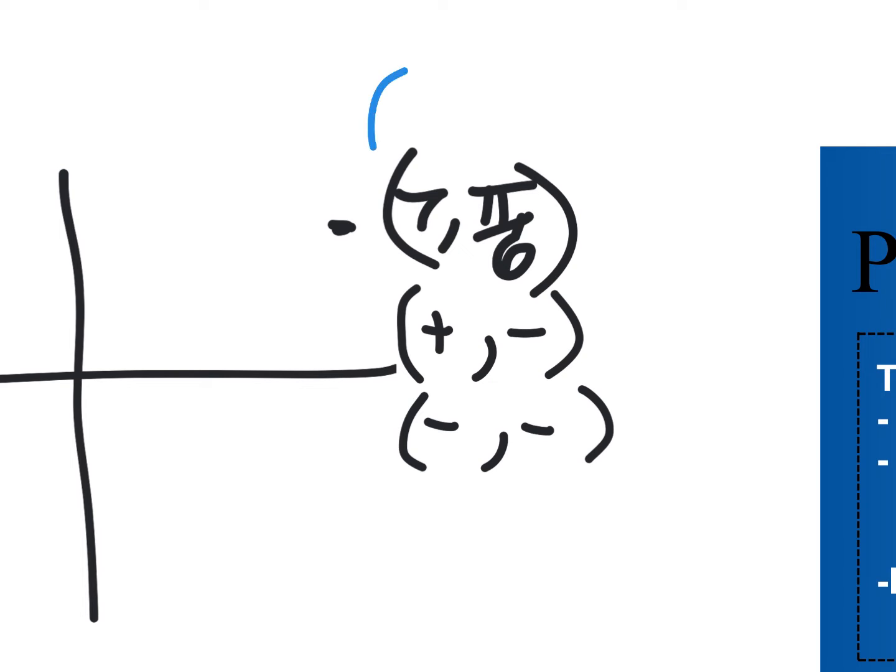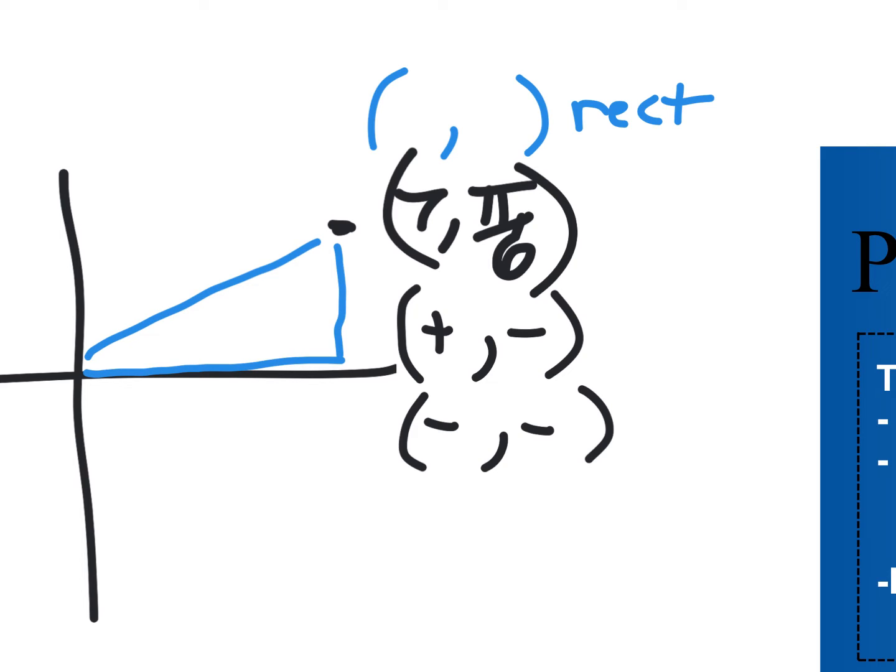Then last but not least, figure out what it is in rectangular. You'll draw the triangle around it like this and figure out what the rectangular for it would be. And I'll show you how to do this in just a second if this is something that is stumping you. I'll pause for a minute while you give it a shot. Okay, you'll get a chance to see how this works.